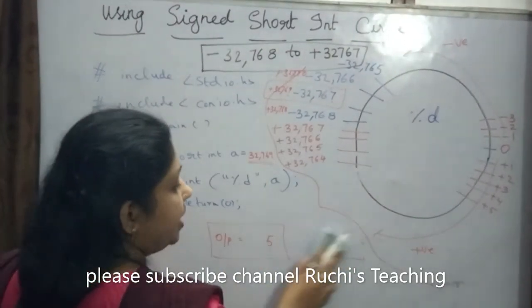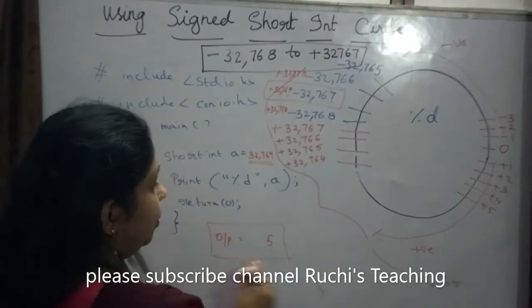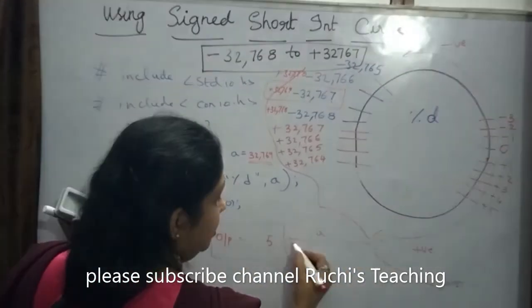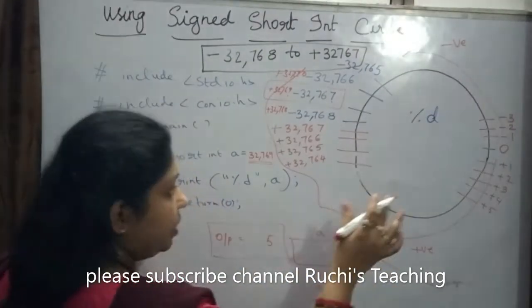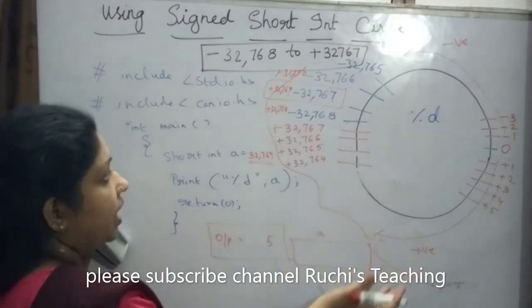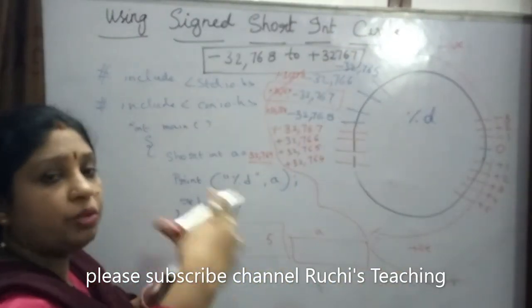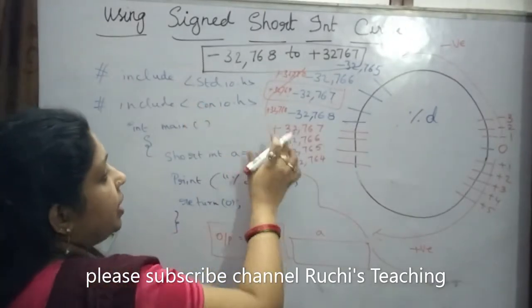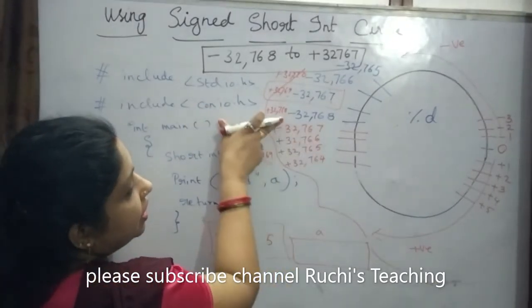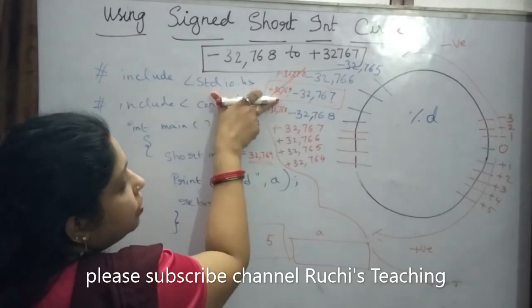It is going to place that particular value in A like this. If that value is there, that value is stored. If that value is not there, it will assign in the way it wants to, like this: 32,767, 32,768, 32,769.